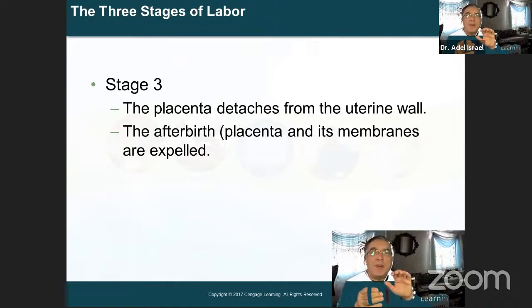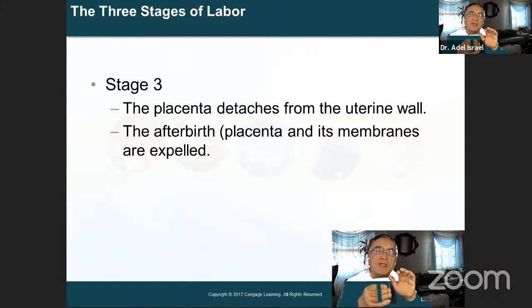So we apply gentle pressure over this clamp till we feel the placenta start with the contraction, but it is not painful like the delivery of the baby. So very gentle pressure to the fundus, very gentle traction over the clamp. We will find that we deliver the placenta, and delivery of the placenta is a very important step of labor.